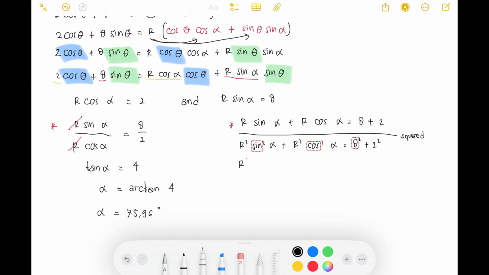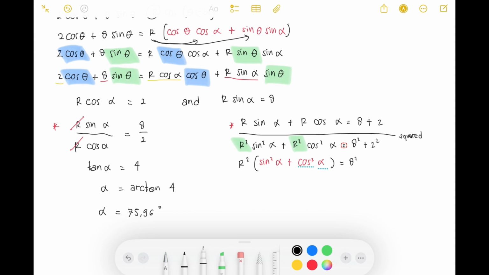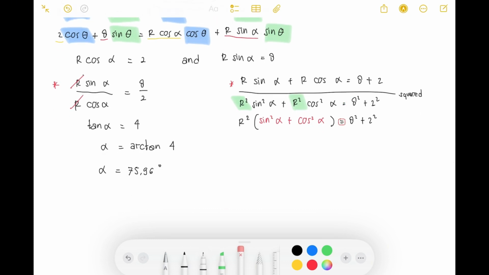Here becomes r squared. We factorize. Why? Here, they have the same r squared, right? So here sine squared alpha plus cosine squared alpha. Here 8 squared plus 2 squared, or let me just write the value here, 64, this is 4.